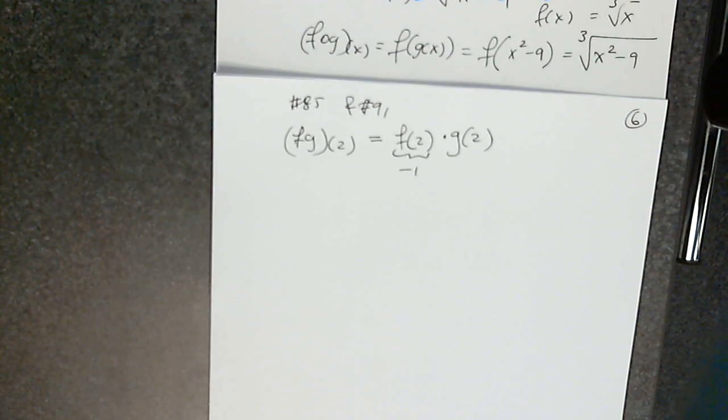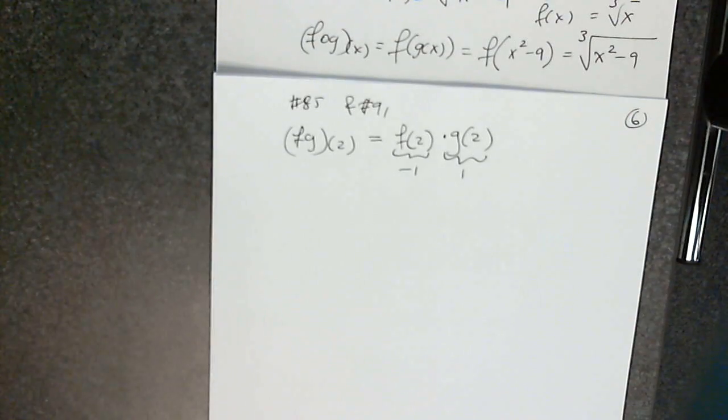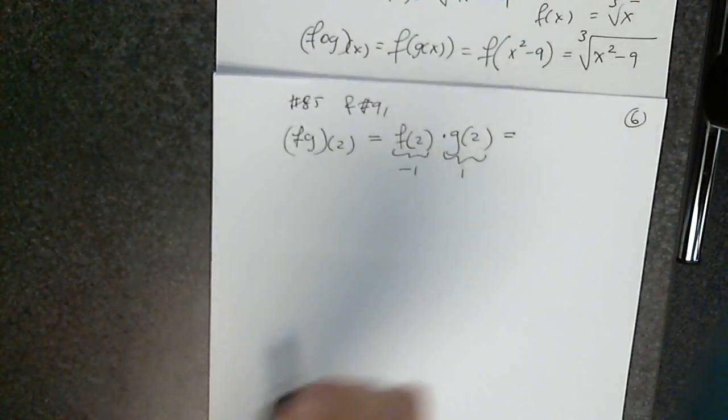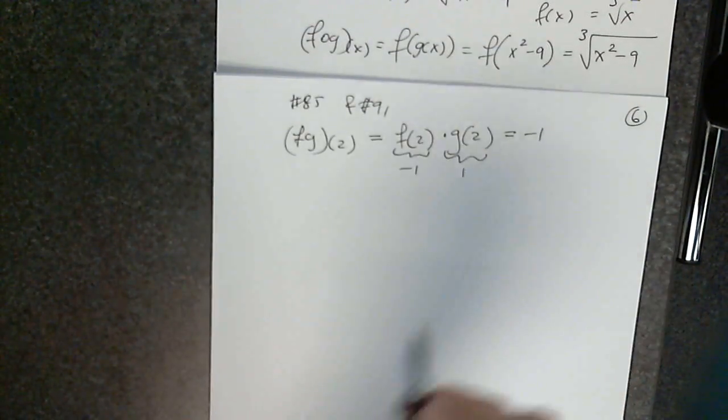G of 2 is? Do you all agree with g of 2 being 1? Yes? Okay. So then the answer for f g of 2 is negative 1 times 1, which is negative 1.